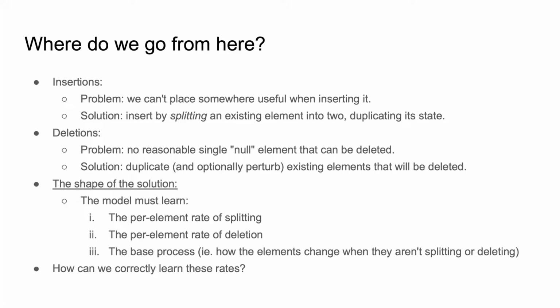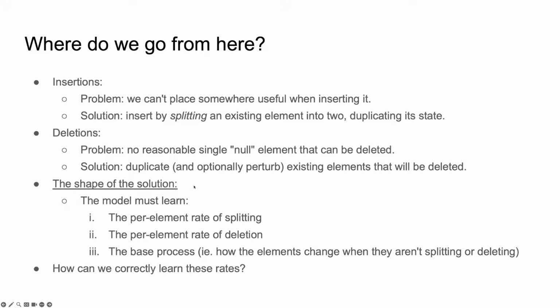Then deletions: there's a mild problem that there's no reasonable single null element in the edit flows construction. Transdimensional jumps doesn't have deletions, but if you look at the edit flows construction, the solution is that you can take elements in your x1 state, duplicate those, and tag them so that the conditional process will know they should be deleted. That's a small trick.